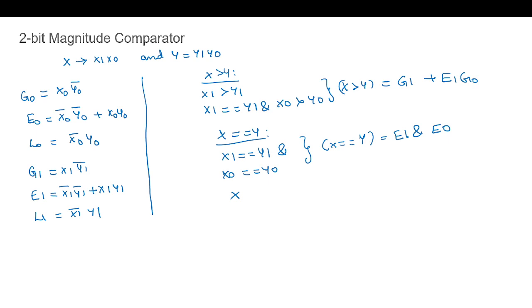And the next, x less than y. So x1 should be less than y1, or x1 should be equal to y1 and x0 is less. So for this, the MSB should be less, then the number will be less, else the MSB should be equal and the LSB is lesser.